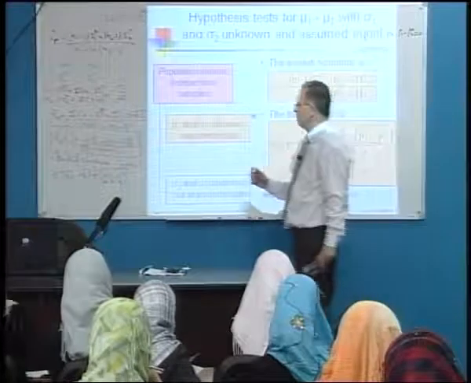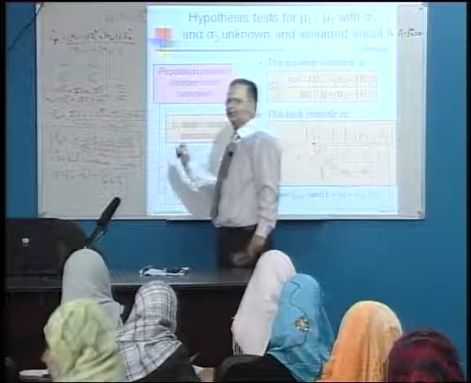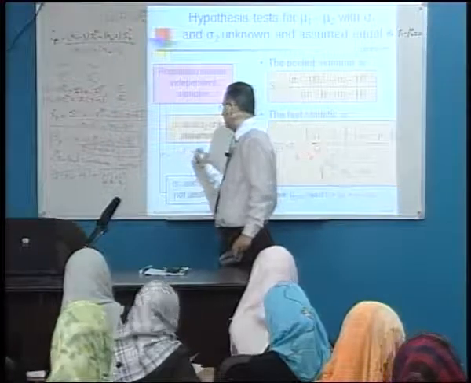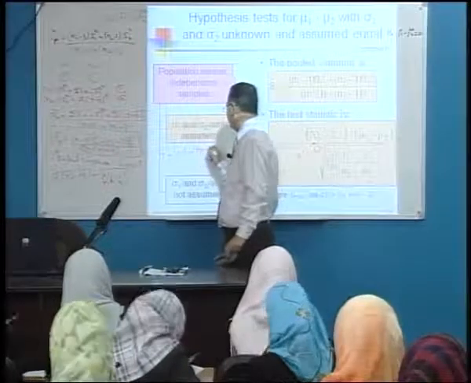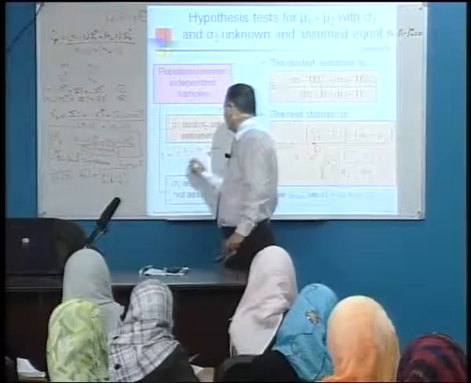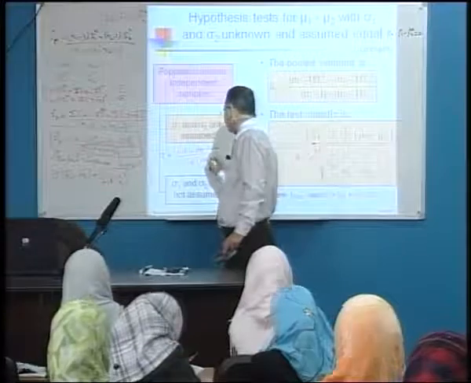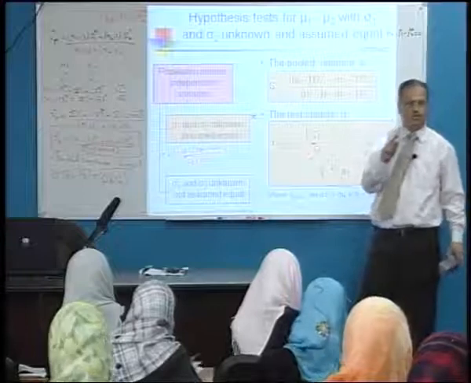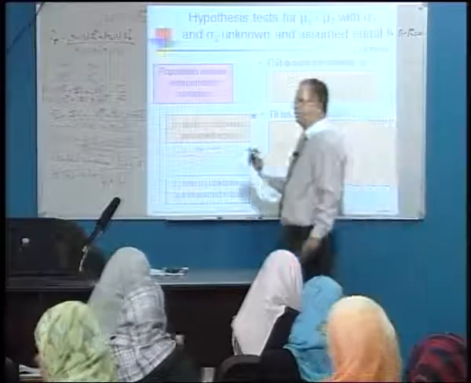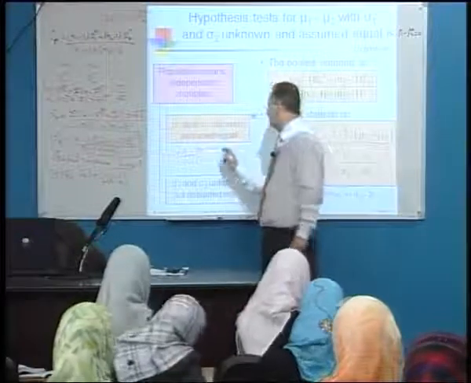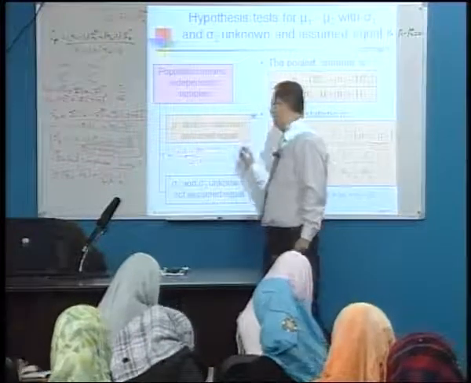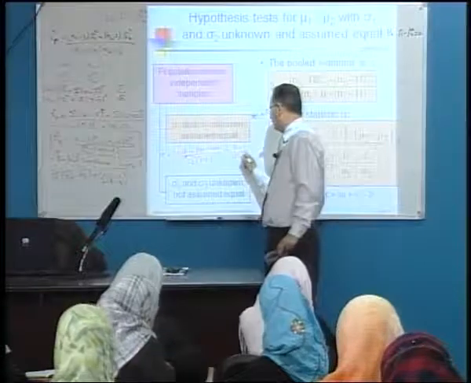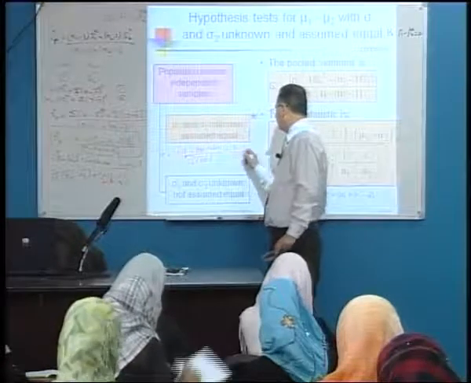Generally speaking, any statistic, for example the t statistic, is the estimate minus the hypothesized value, divided by the standard error of this estimate. If we are talking about one sample, we have only one estimate, so it's x bar minus the hypothesized value mu, divided by the standard error of x bar, which is s over the square root of n.